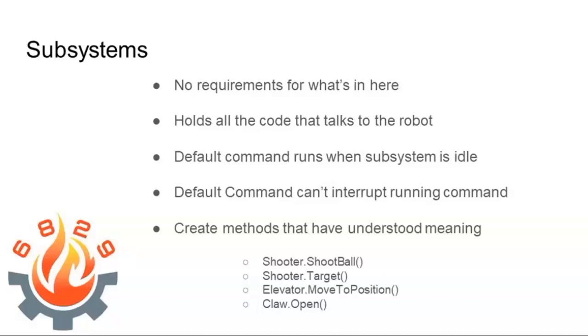So you want to spit the ball back out, let's say, right? So you always want to make those names logical, because you might not be the one programming the command. And so the people that are using the subsystems should very easily understand what to call and the order they call it, all right? The other thing is in the command level, if you have a bunch of strange functions, if somebody else is trying to find a bug, they don't know what's going on, because the order of things doesn't make sense, because the subsystem doesn't have clear names.